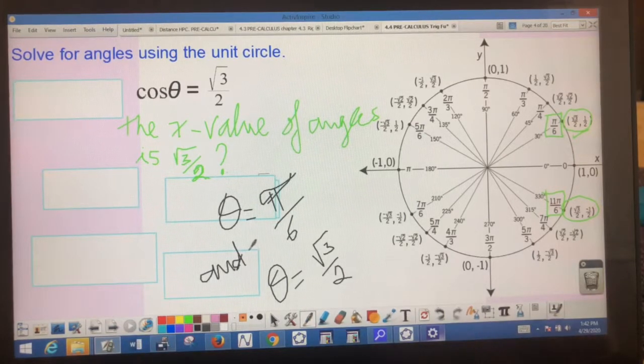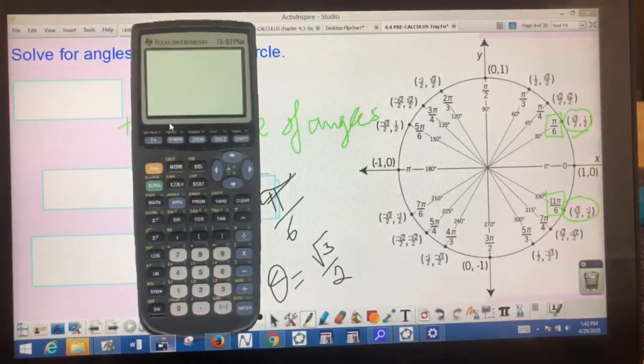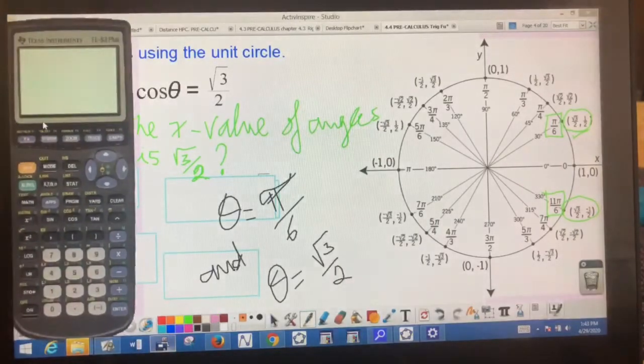Okay, I could show you a calculator work. So let's see. I'm on my radian mode, so I should be okay. So I'm just gonna type in cosine. All right, we're just clear. Cosine of, so I got the angle, pi over 6. Cosine of pi over 6.